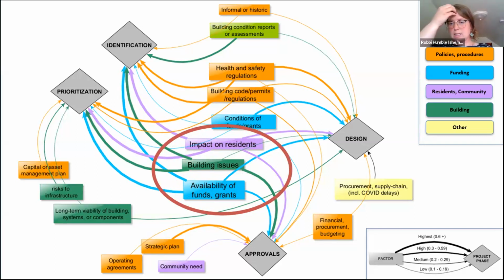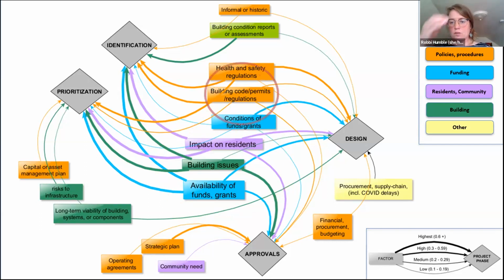And so these are presented central in the map as well as larger, demonstrating their significant influence across these stages. So this was the availability of funding, the impact on residents, and the building issues. They were continually talked about and ranked. Although folks weren't asked to rank them, they often did list them in order, and these were consistently talked about.